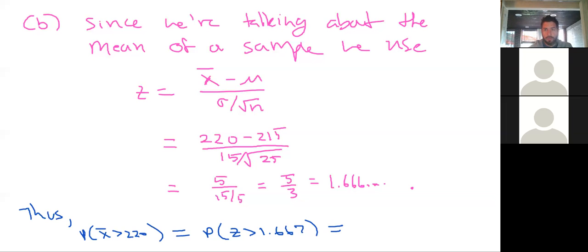And if you compute this, you get roughly 95%, or 0.95224. So it's very likely then that if you were to take 25 eggs and compute their mean, there is a 95% chance that the mean is greater than 220.